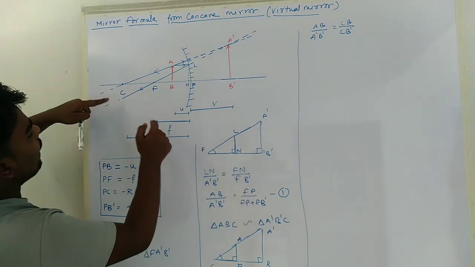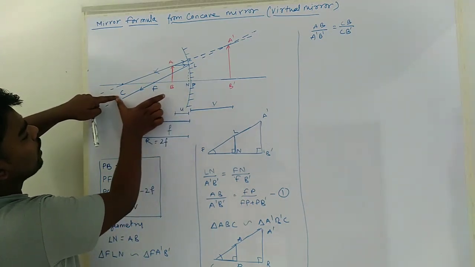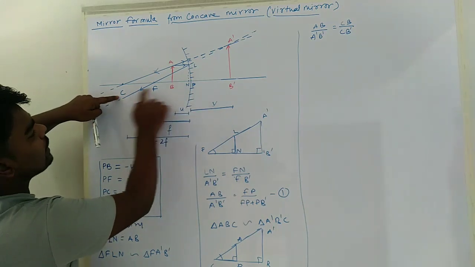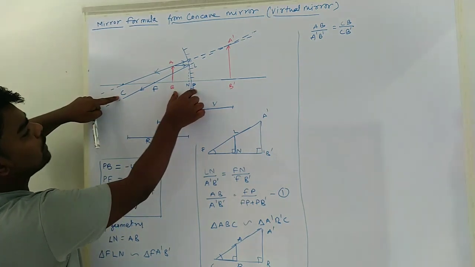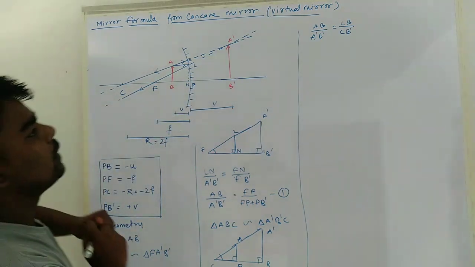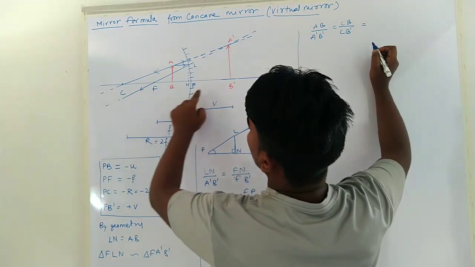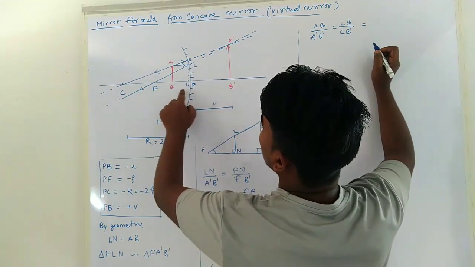So what I will do is write this CB in the form of CP minus PB. CB can be written as CP minus PB.